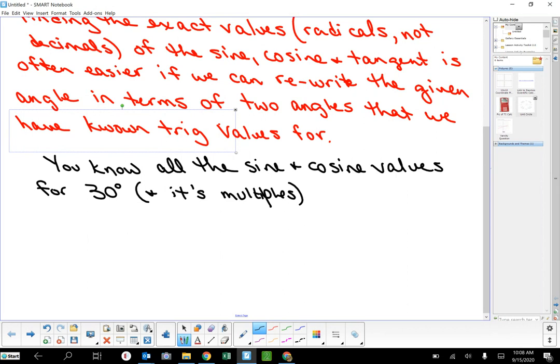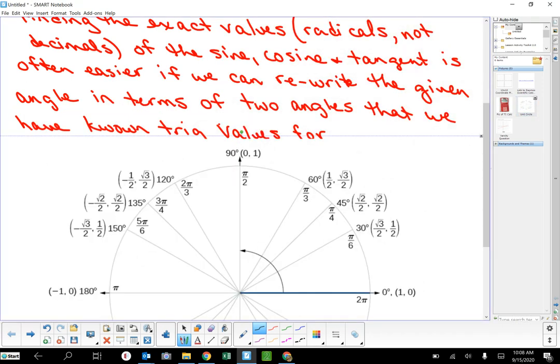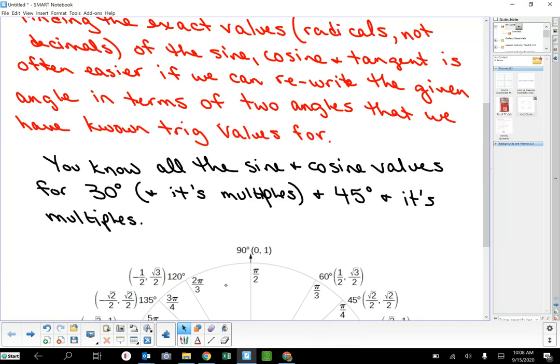Right, 30, 60, 90, 120, 150, 180, keep going all the way around the circle, and 45 degrees and its multiples. So I'm going to just toss a picture of a unit circle in here. So we have this unit circle.